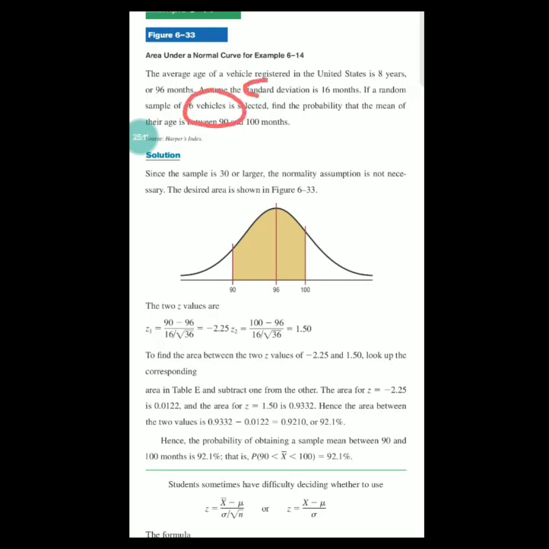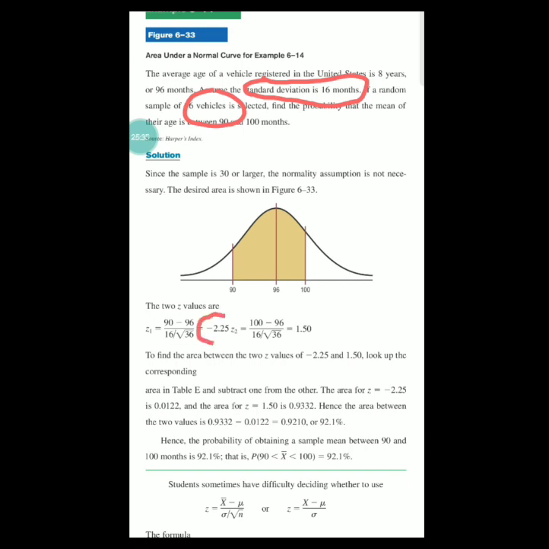So Z1 is equal to 90 minus 96 over 16 divided by the square root of 36. So if you compute it, the result is negative 2.25.